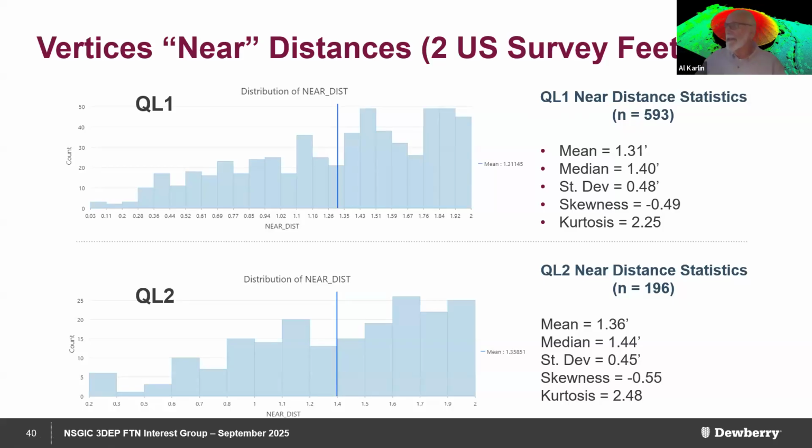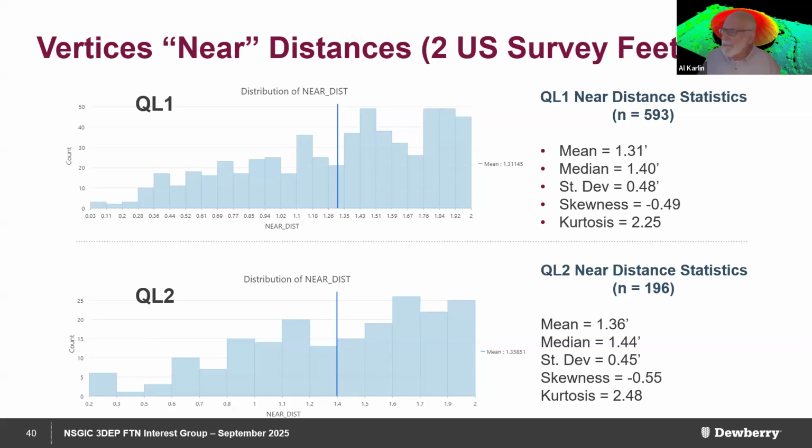The curious thing here that I want you to notice is that the mean distance, and this is just horizontally, is about the same. We're about 1.3 feet from one of those points that we actually digitized and checked by survey. And the shape of the distribution is about the same.